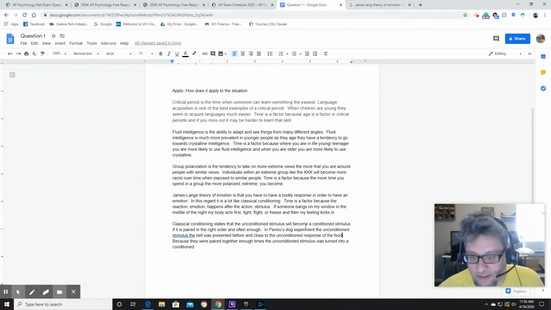In Pavlov's dog experiment, the stimulus, the bell, was presented before and close to the unconditioned response, the food. So the dog salivated when they got near the food.